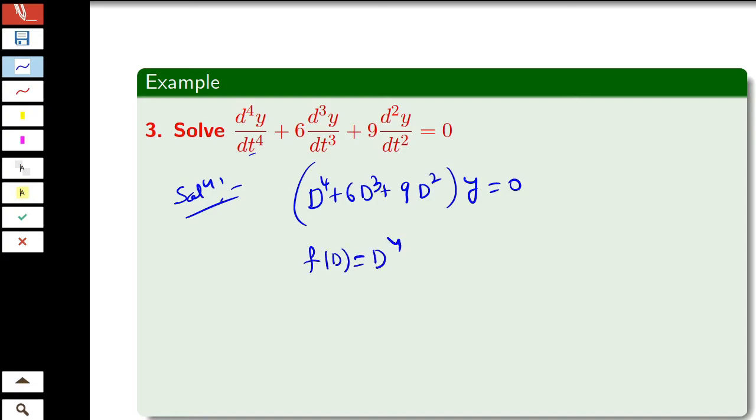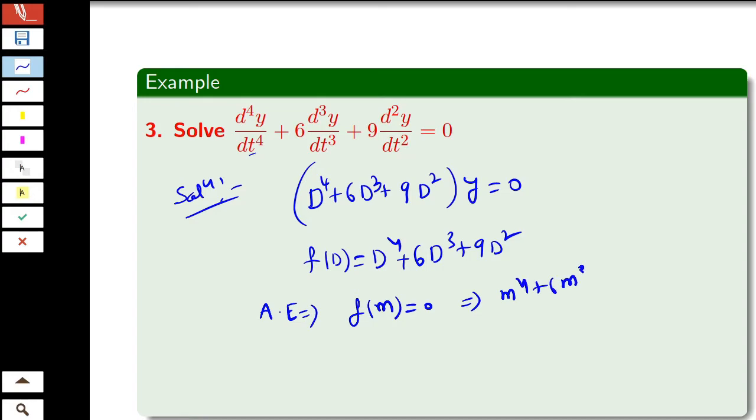D power 4 plus 6 D cube plus 9 D square. So write the auxiliary equation: f of m is equal to 0, which implies m power 4 plus 6m cube plus 9m square is equal to 0. You can take m square common, remaining is m square plus 6m plus 9 equal to 0.